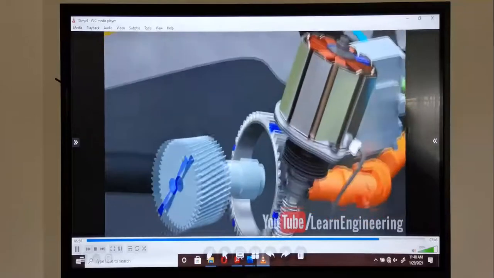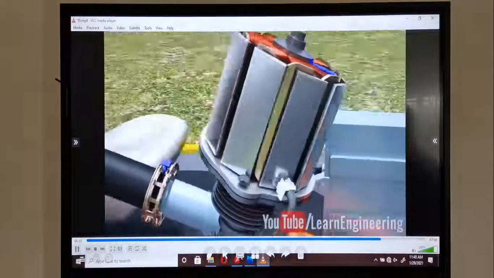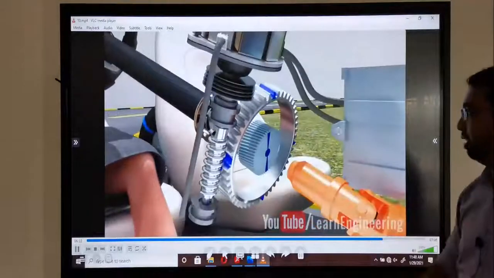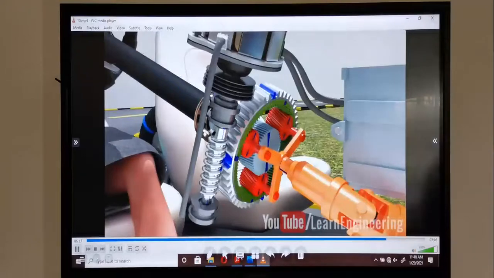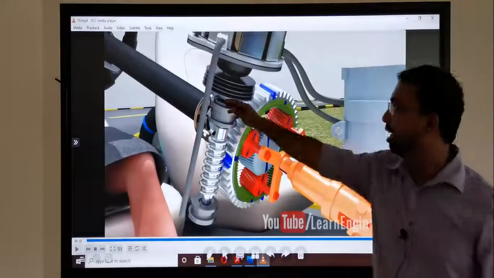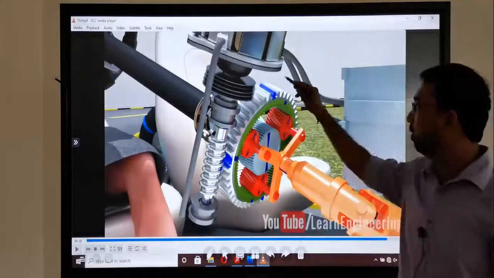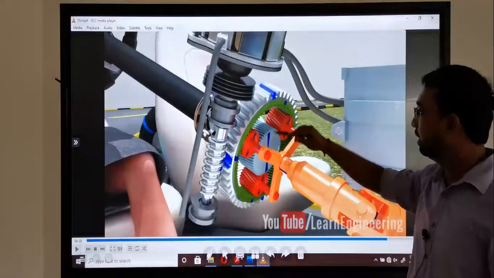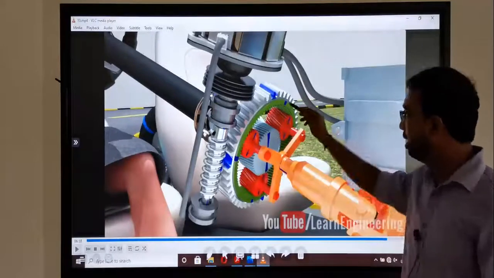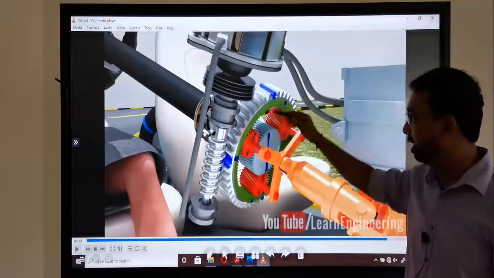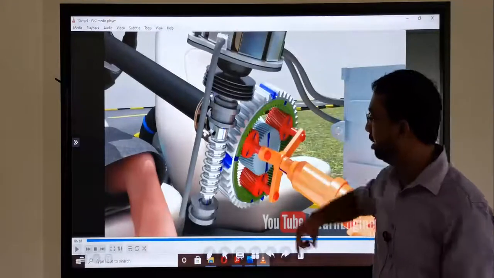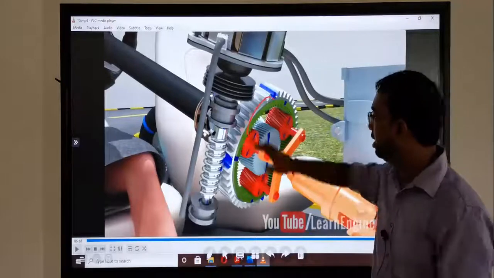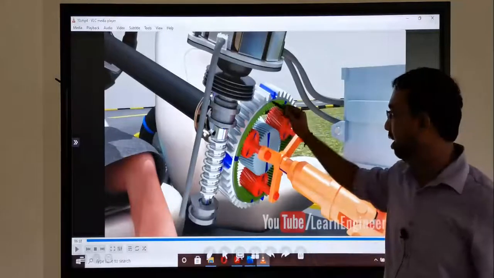Additionally, there is a sun gear, directly connected with the input shaft, the steering shaft. Here this is the sun gear, directly connected with this shaft, and on the inside surface of this worm gear, you can see the ring gear, the green color ring gear, which is a fixed gear.